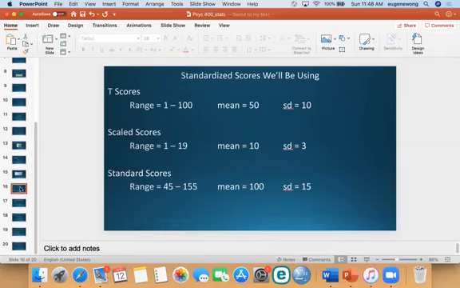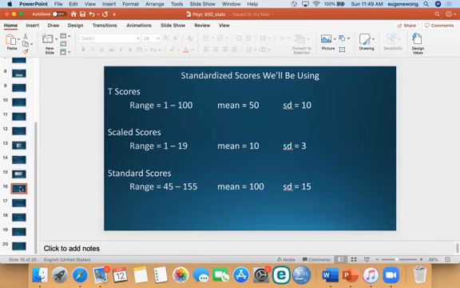Now, assuming that you've calculated the z-score and there are no questions, and if there are questions, make sure you write them down so that when we meet up, we can address those questions. Okay? I'm going to show you some other standardized scores here. We're not going to have to calculate these like we did with the z-score.